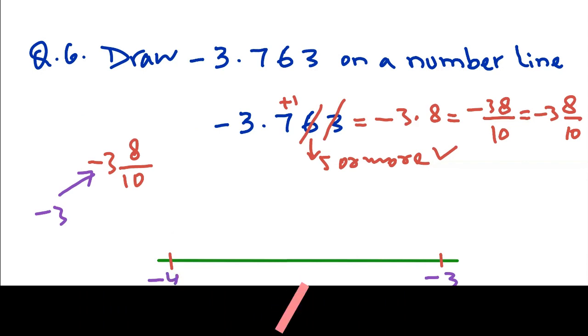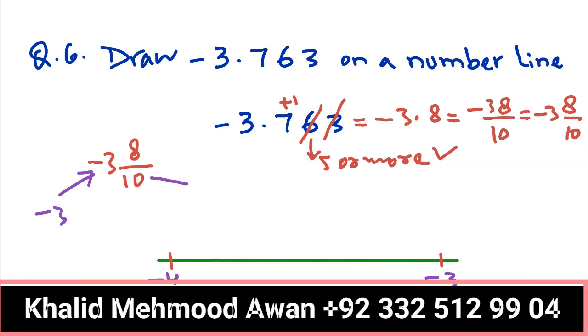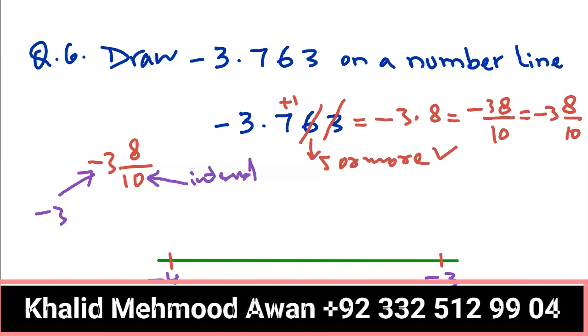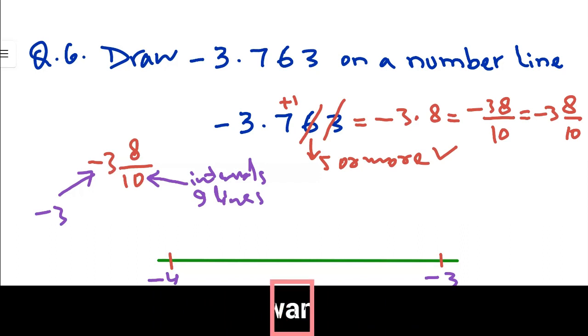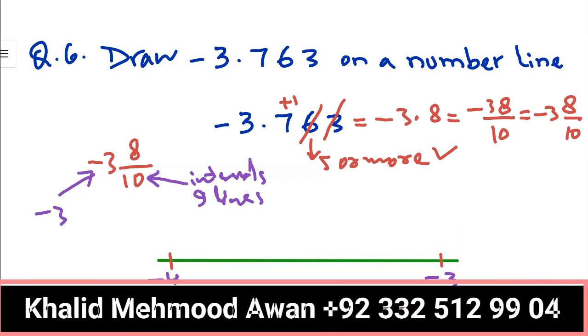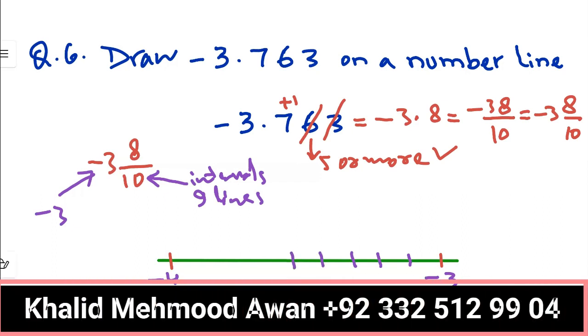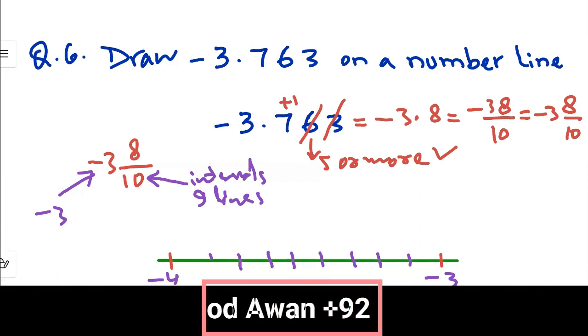And then this 10 is describing the intervals, which means 9 lines. So we'll be drawing 9 lines between negative 3 and negative 4: 1, 2, 3, 4, 5, 6, 7, 8, and 9. So these are the 9 lines.